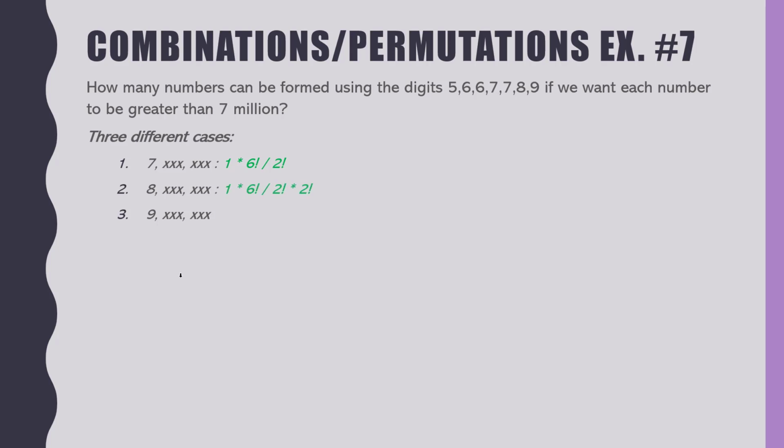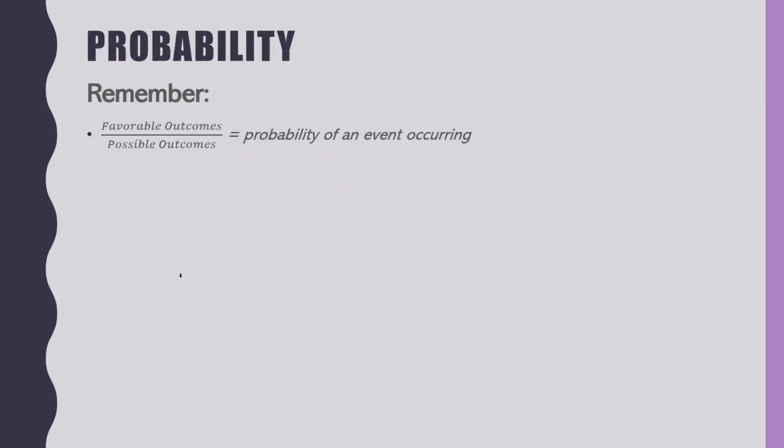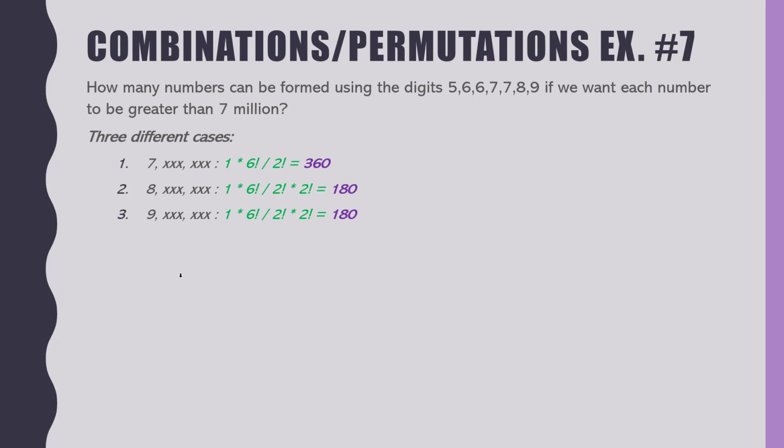It's going to be 1 times 6 factorial divided by the 2 permutations of 6s divided by 2 permutations of 7s, right? And then 9, it's going to be the exact same formula, dividing out the 6s and the 7s. You add all that together, 360 plus 180 plus 180, and you get 720. Sorry, I thought I had that on the screen. All right, good? How do we feel about that?